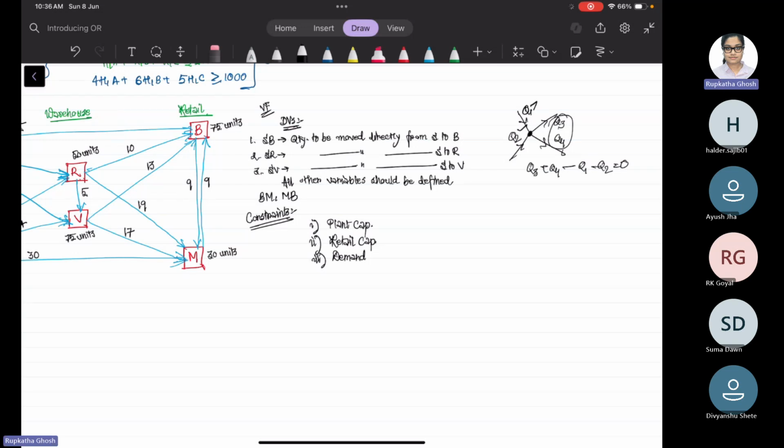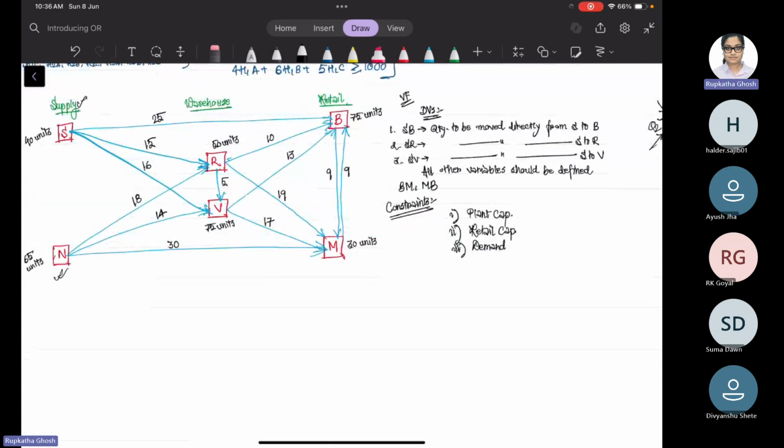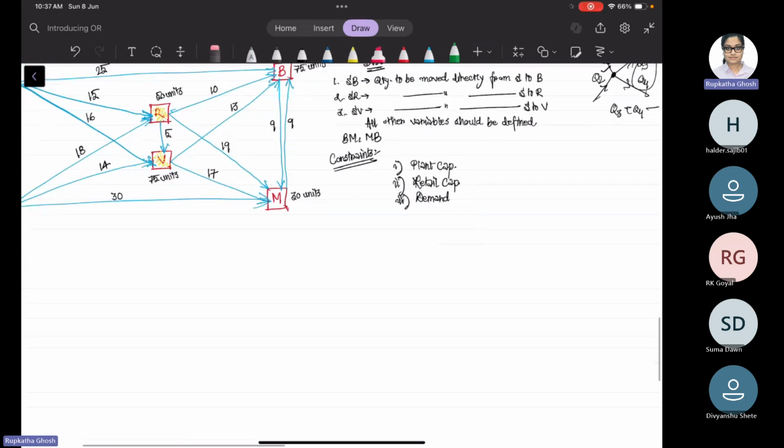This is very simple, common sense. Yes, ma'am. So the fourth thing, if you see here, is the one where your flow balance has to be maintained. So I'll write this as fourth constraint would be flow balance at retail outlet.